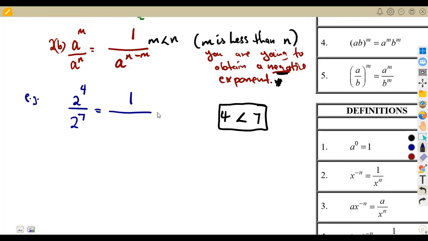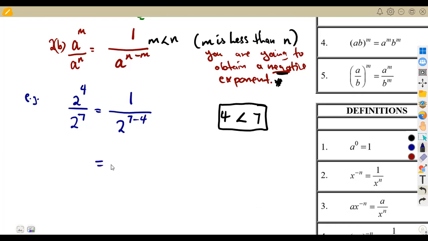The moment I introduce this division line, like I said, we're going to interchange. So it's going to be this one minus this one. Do not confuse yourself there, guys. It's going to be 2 to the exponent of the bigger number minus the smaller number. So that's 2 to the exponent of 7 minus the smaller number.